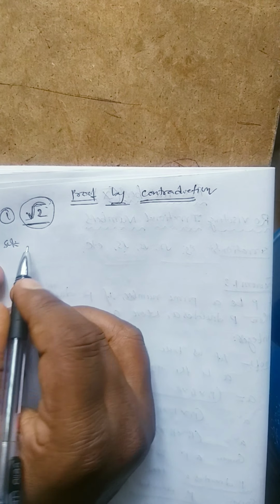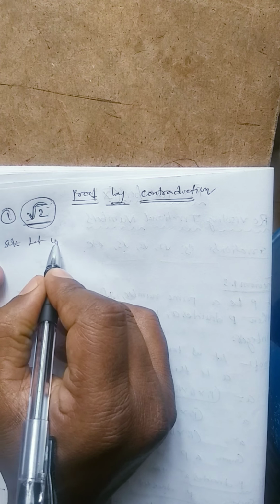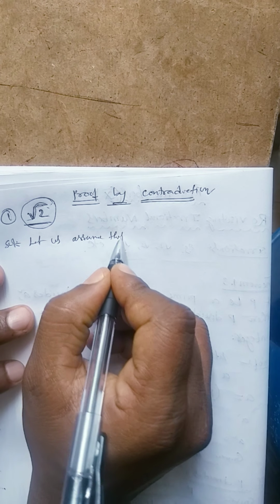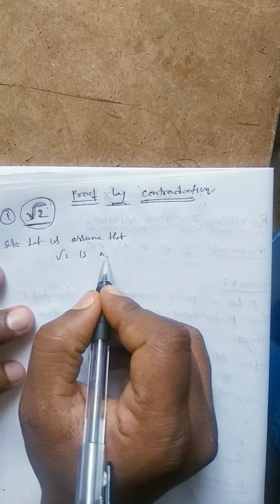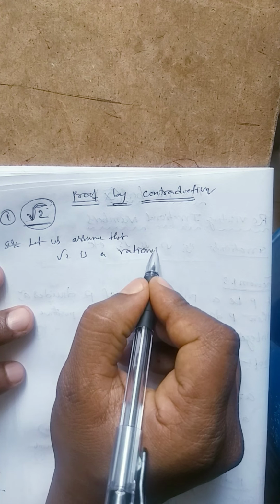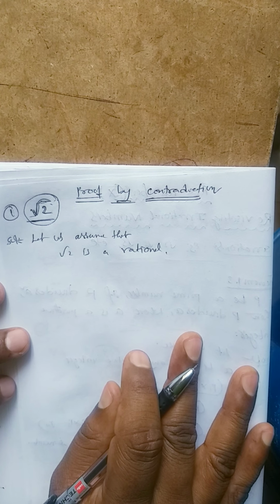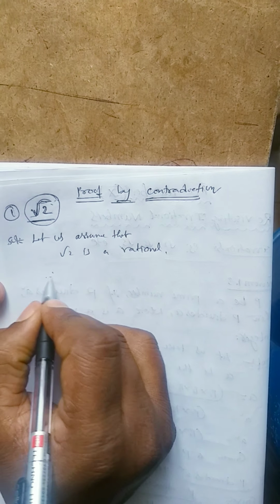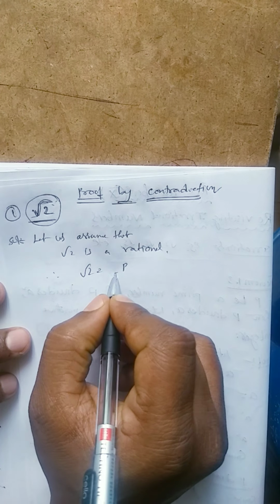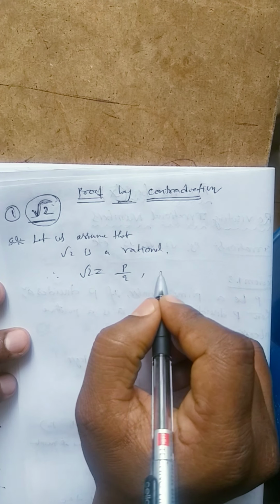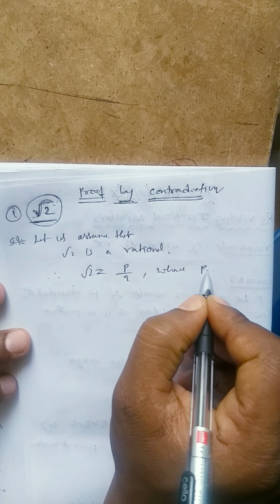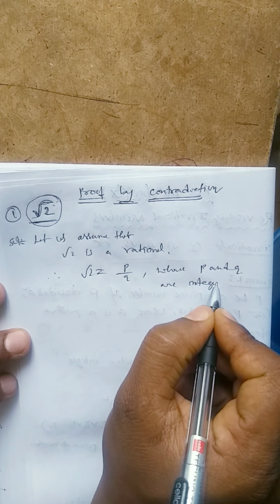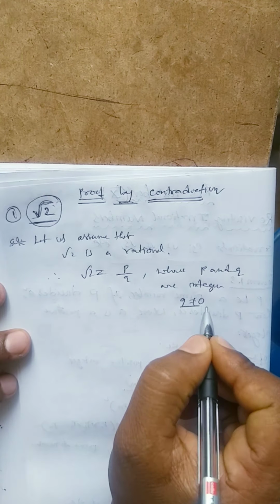Let us assume that root 2 is a rational number. We already know that a rational number can be expressed in p by q form, so I can write root 2 equals p by q, where p and q are integers and q is not equal to 0.